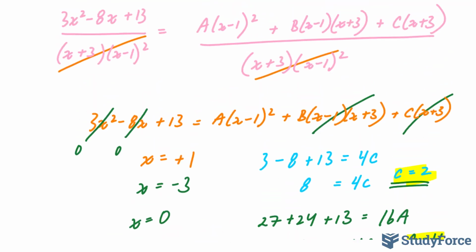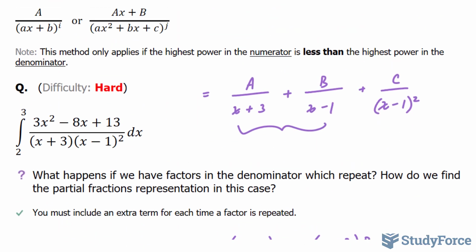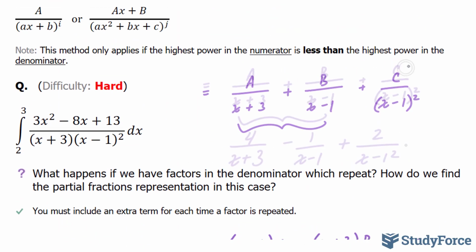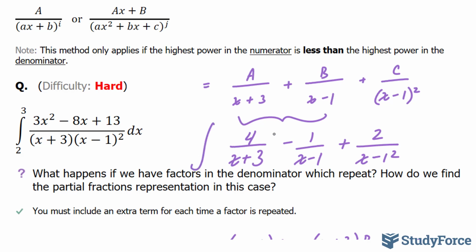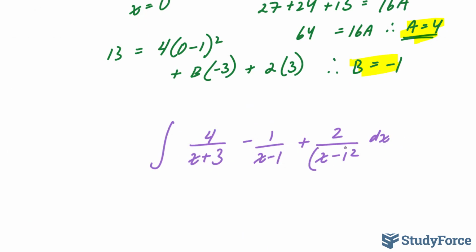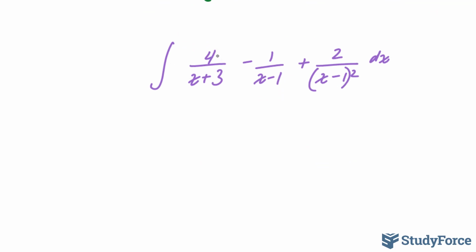We can now substitute these into here. Let's go ahead and do that. Now all I have to do is integrate the following function. So once again, here's my integral, and don't forget the brackets around x minus 1. This one is easy to integrate. This becomes 4 ln absolute value of x plus 3. This also takes the same fate where we have negative ln absolute value of x minus 1.